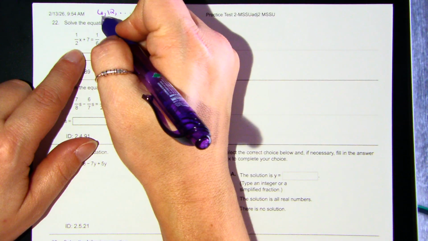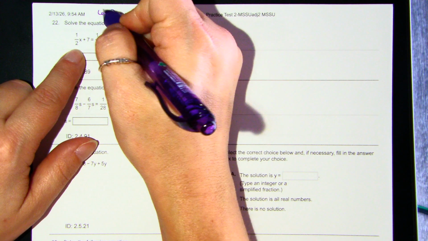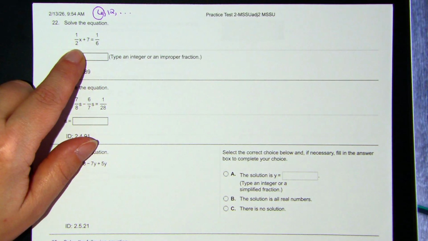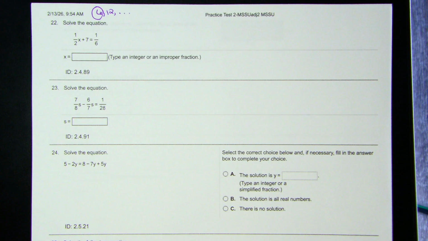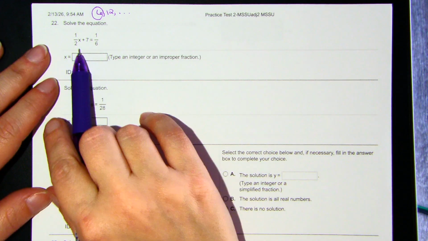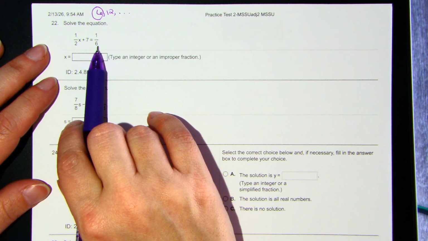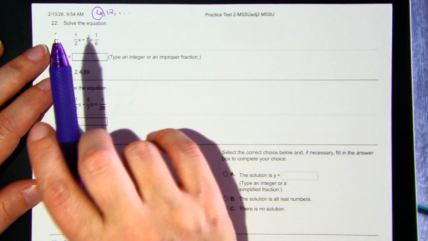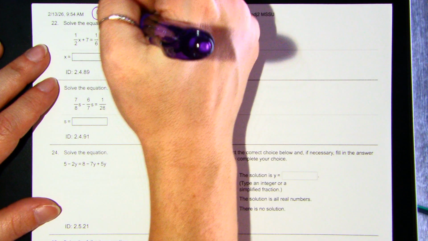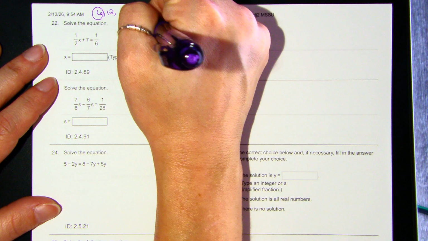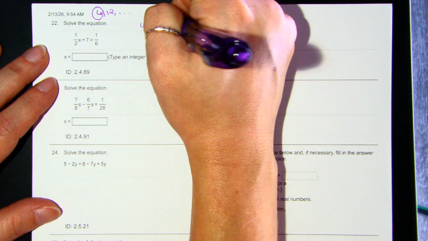Now, what we do with that is we multiply every single one of our terms, the 1/2 x, the 7, and the 1/6. We multiply every single term by 6. So I take 6 times 1/2 x, and I take 6 times 7, and I take 6 times 1/6. Every term, fraction or not, gets multiplied by the LCD.